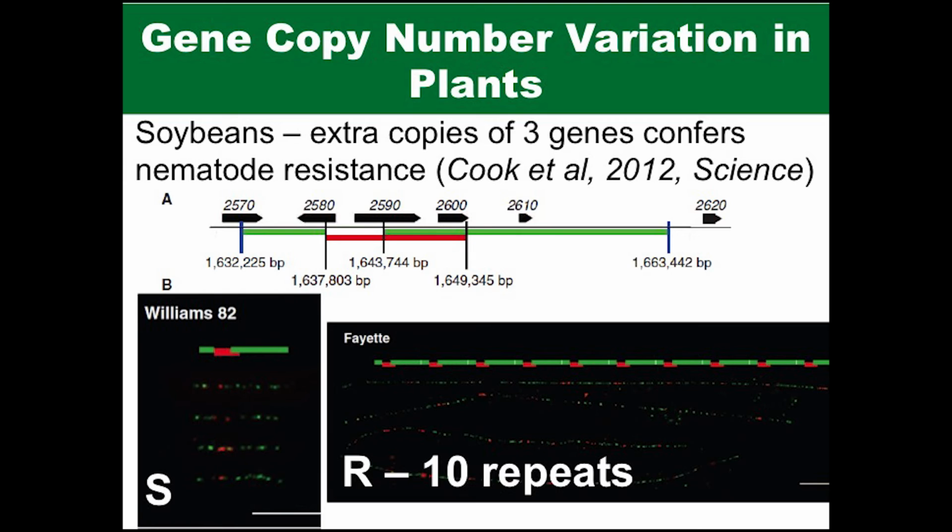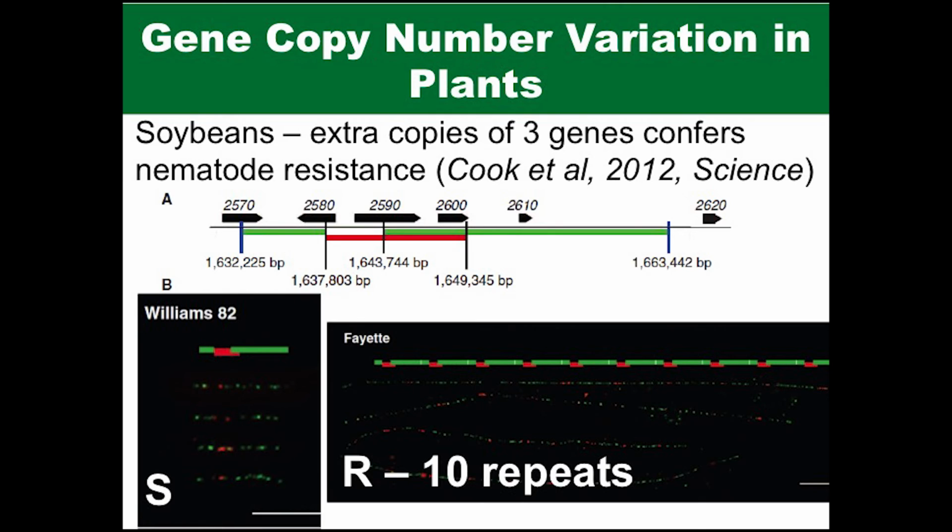Those are all very important. But it turns out a lot of medically important conditions can be explained by variations in the copy number of a gene in the human genome, and an increasing number of examples in plants where the number of copies of genes can really affect the trait. I'm not going to talk about the one example of copy number variation that I'm really familiar with, but there's this one that is also really, really cool.